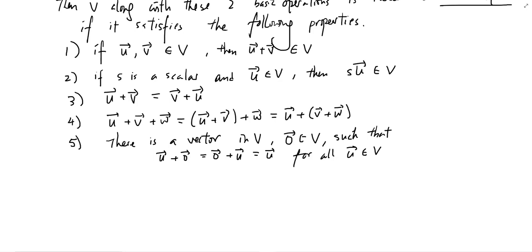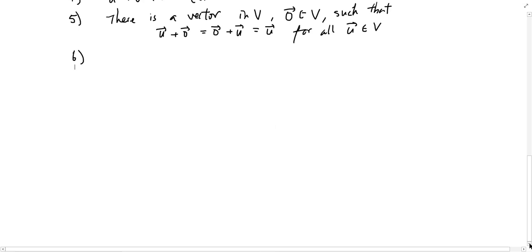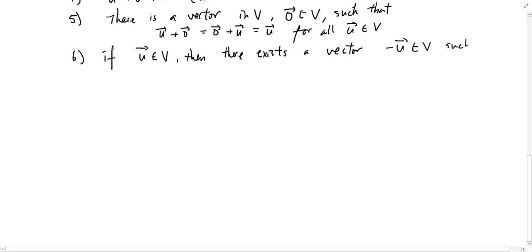And a few more. Number 6. If vector u is in V, then there exists a vector negative u, meaning negative 1 times u, in V, such that vector u plus negative vector u gives you the 0 vector.